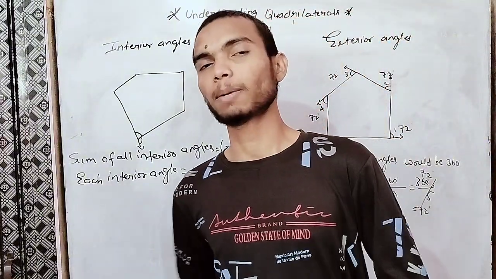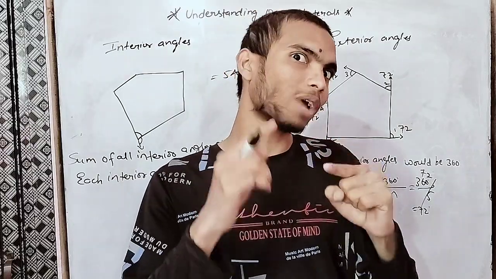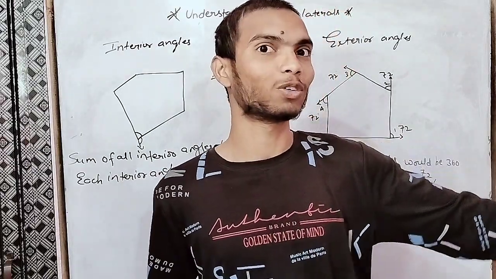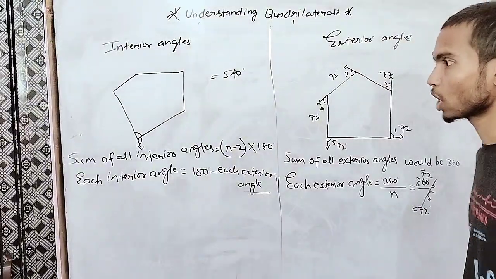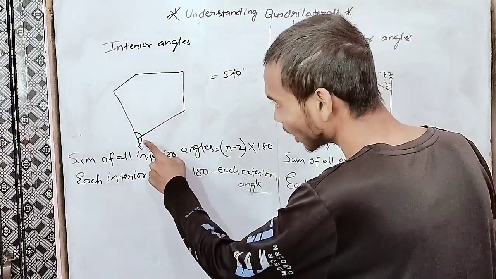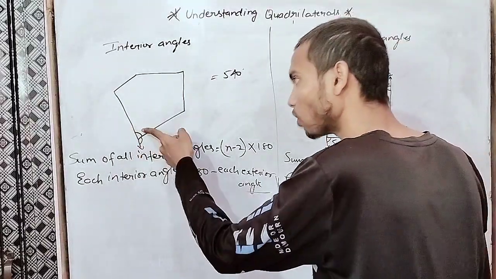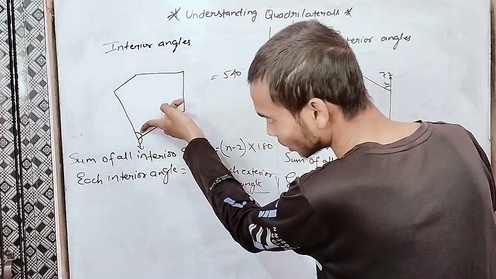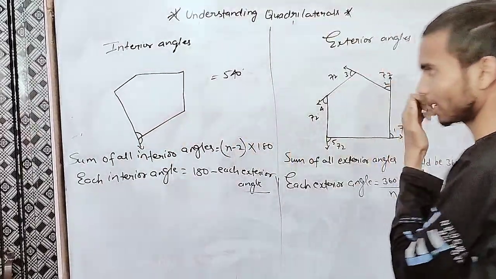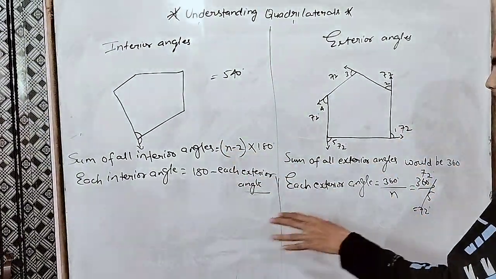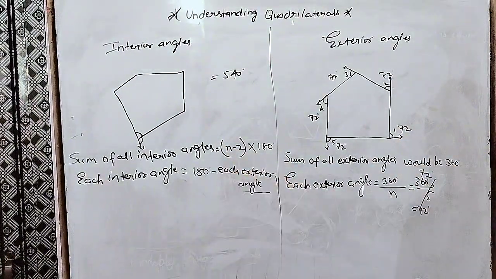We subtract the value of each exterior angle from 180 degrees. So we should have the value of the exterior angle, and then we can find the value of the interior angle. Don't worry, we will practice this concept.